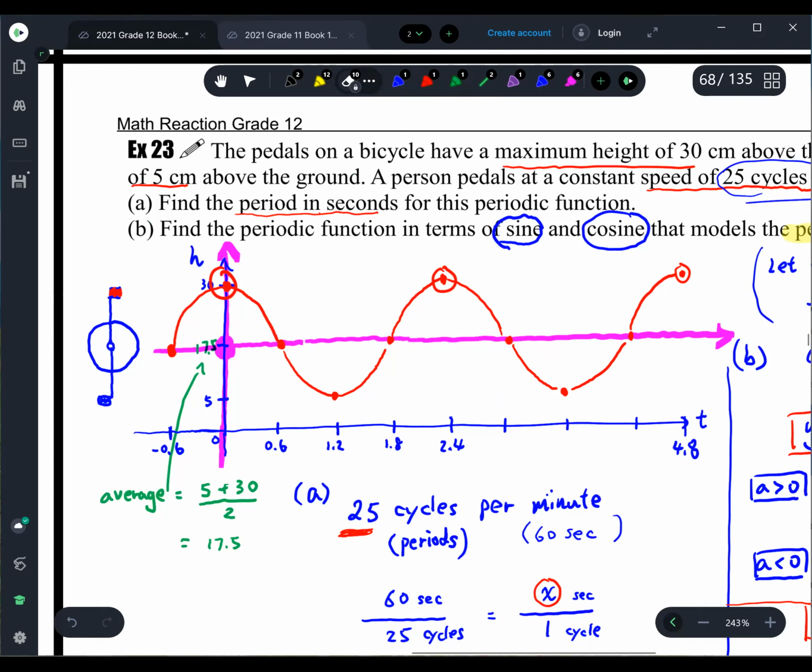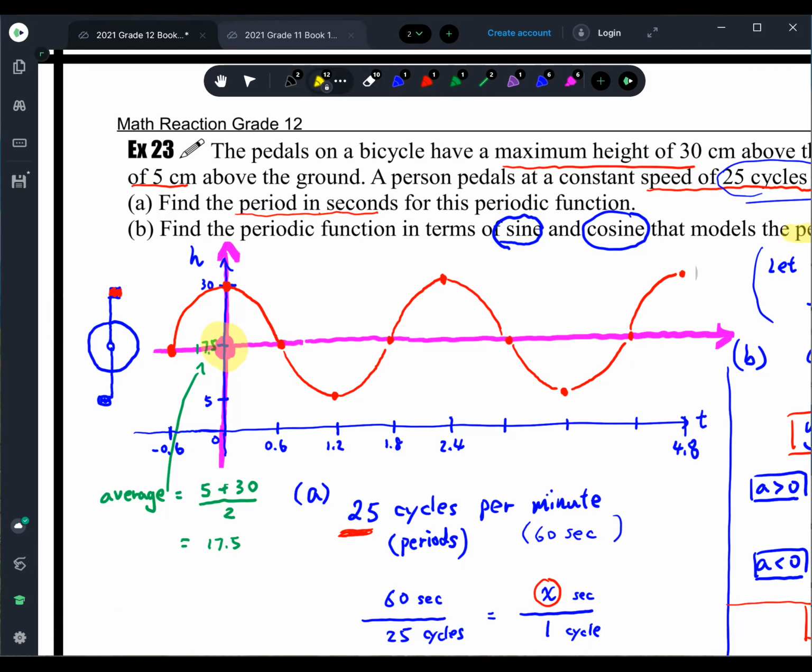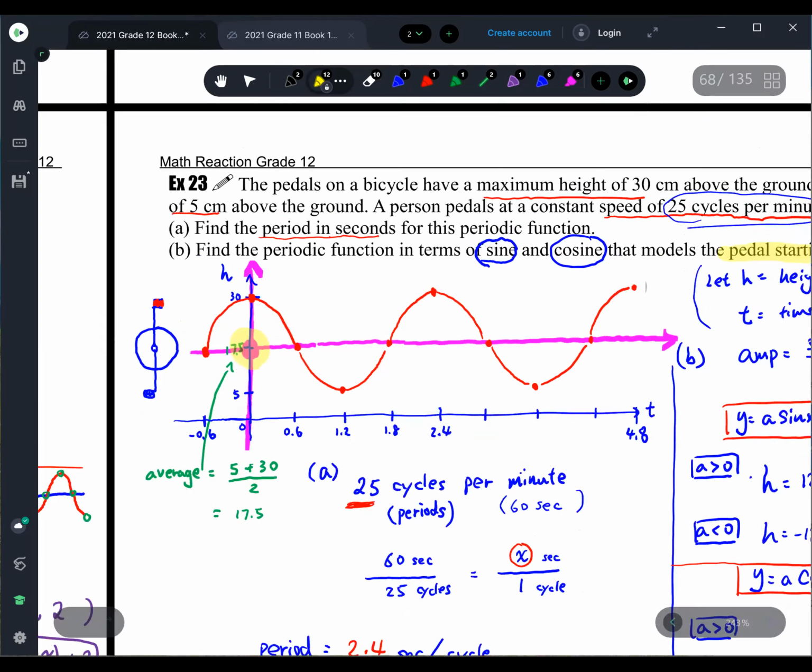No, not that one. Okay, let me erase all the circles. This one, the one with the yellow. 0, 17.5. Yeah, okay. Do you know why we picked that one? Because we're looking for a cosine graph. What does a cosine graph look like?